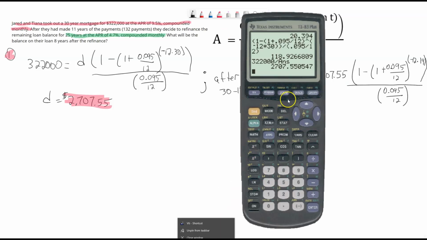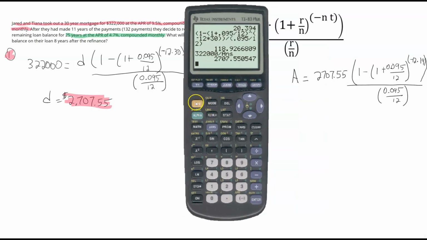So back to the calculator. Let's see if I can use some of the stuff that I had. All right, so this is all the stuff that's here, except I have to change the 30 to 19. Everything else should be the same because it's the same mortgage. So when I hit enter, this will get me the stuff on the right side of the $2,700.